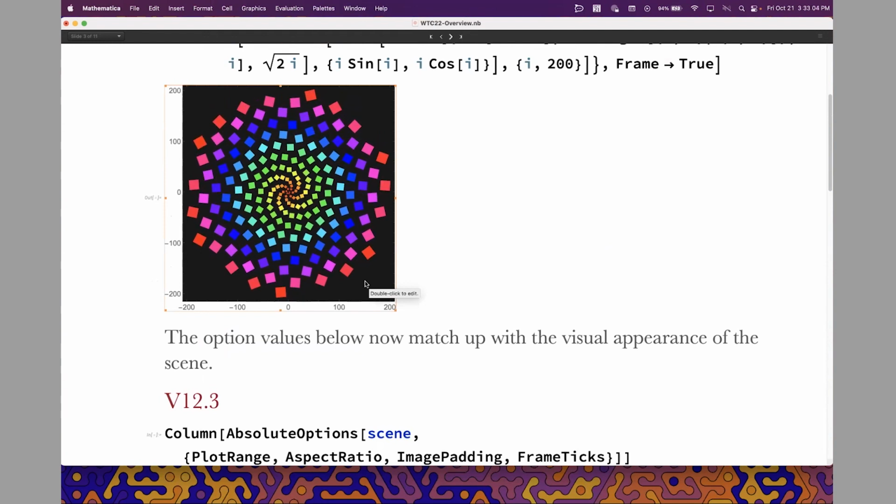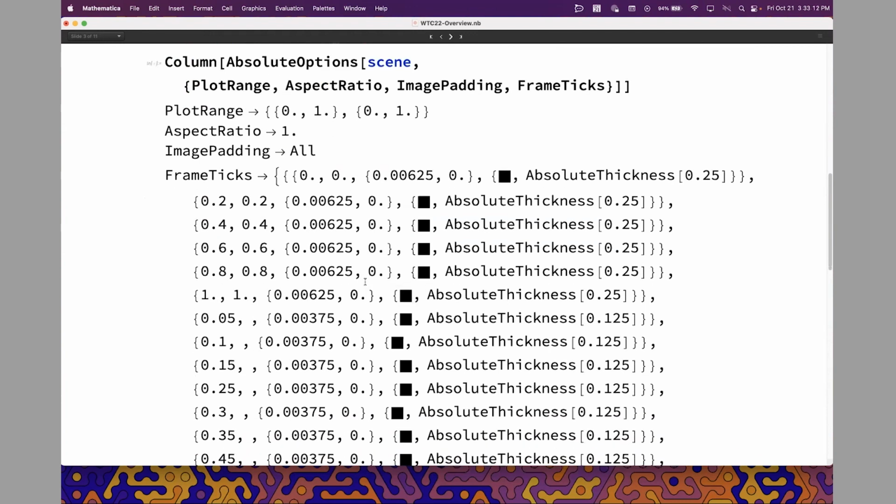So basically all the space that's necessary to draw those frame ticks, the labels for the frame ticks. And so previously, absolute options was just like, image padding was all, which at least for my purposes isn't very useful. And then the frame ticks are a bunch of numbers corresponding to it thinking that the plot range was 0 to 1 in both directions.